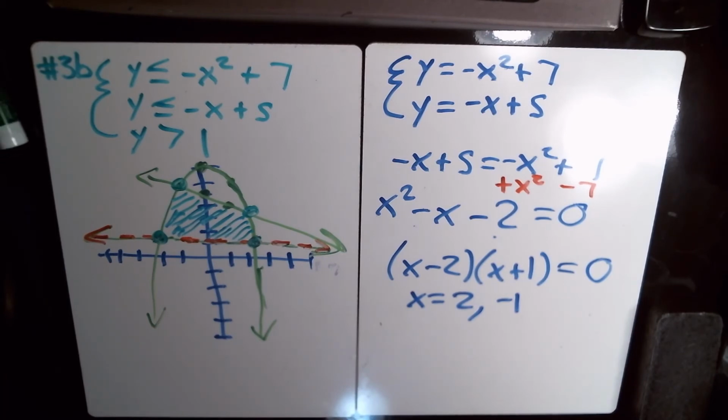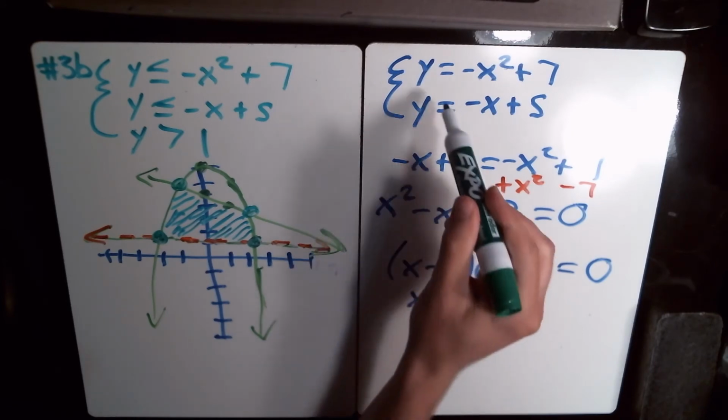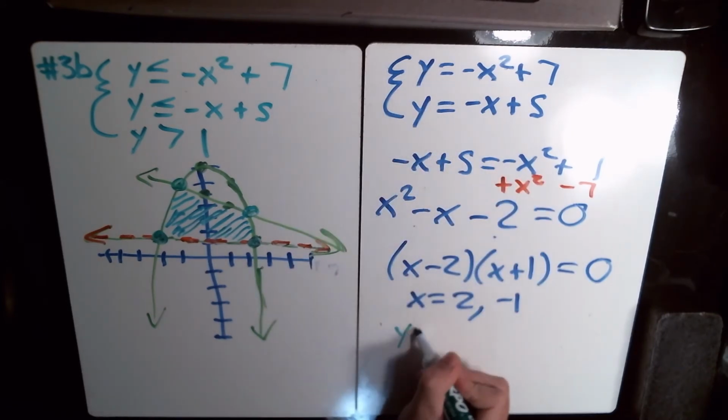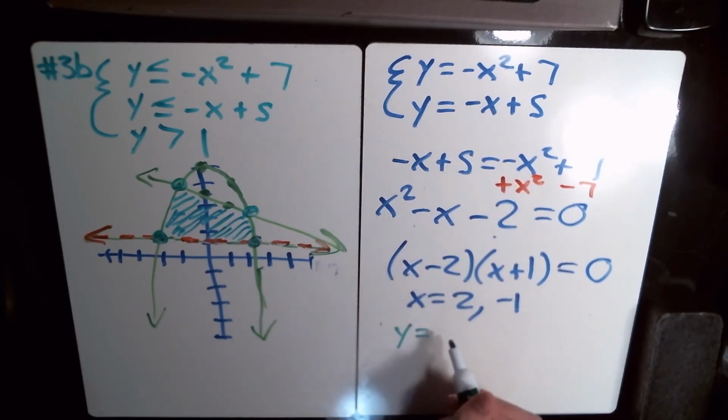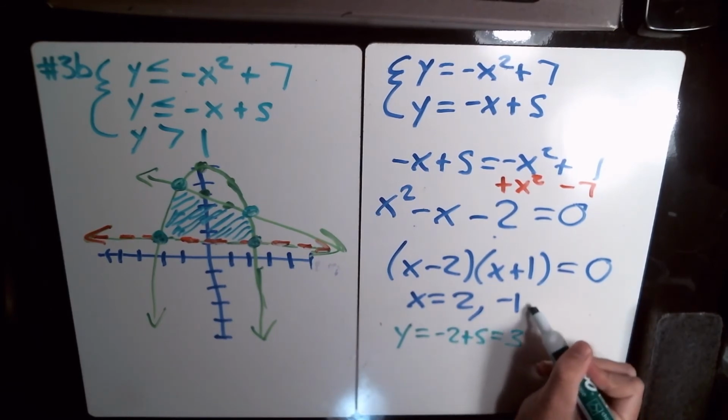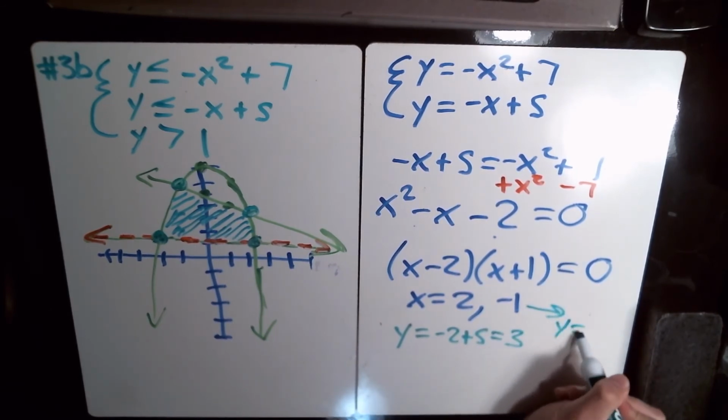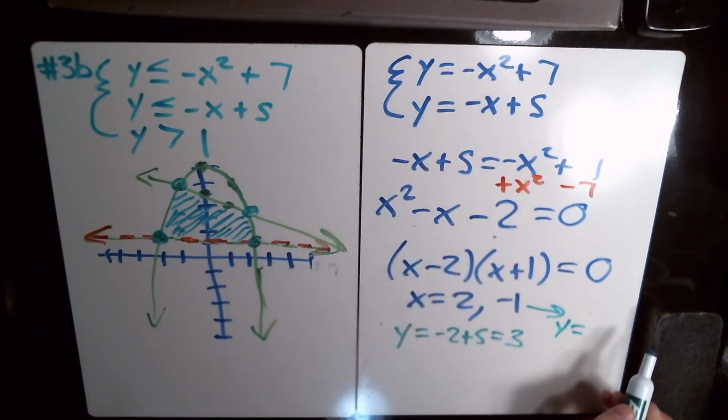Then to get y for these, we just plug these back into either of those equations. So y, when I replace x with 2, we get negative 2 plus 5 is 3. And on this one, when I replace x with negative 1, we get negative 1 is positive 1, plus 5 is 6. Okay?